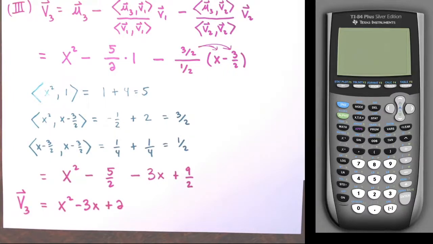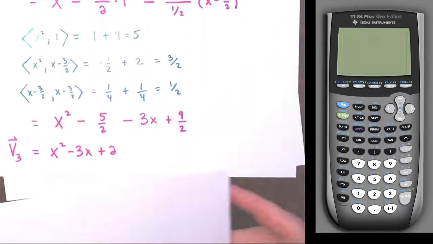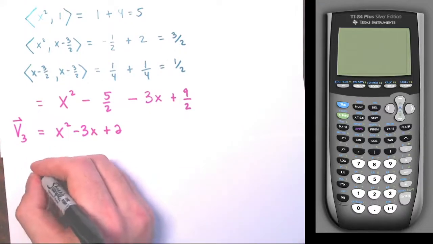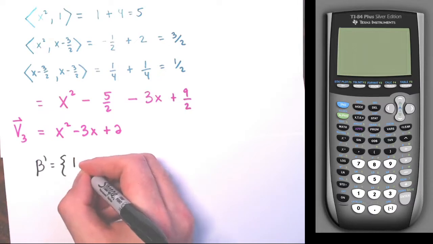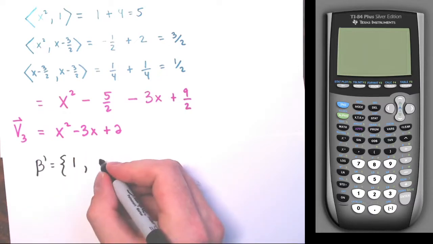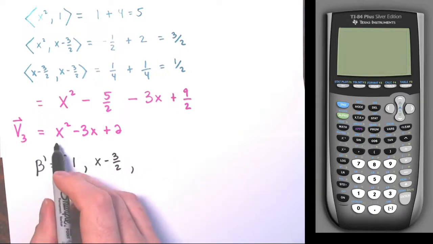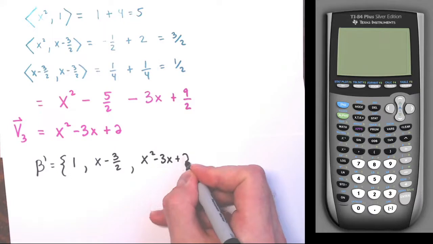Okay. Now I just write this. Now I have an orthogonal basis for P2 under this evaluation inner product. So the set B prime equals 1, that was v1, v2 was x minus 3 halves, and then v3 we saw was x squared minus 3x plus 2.